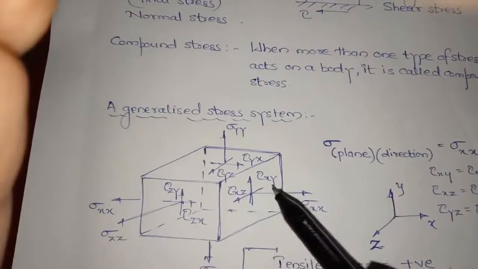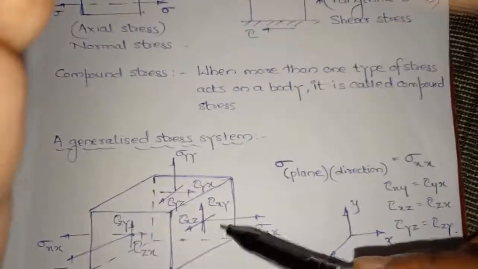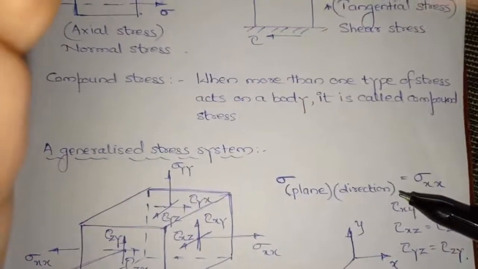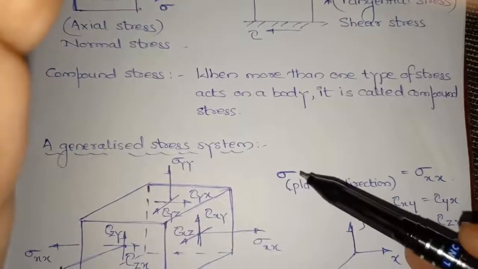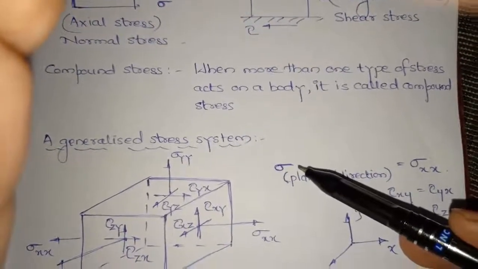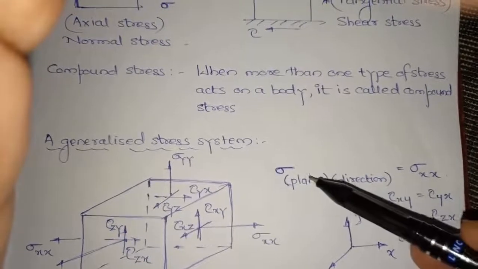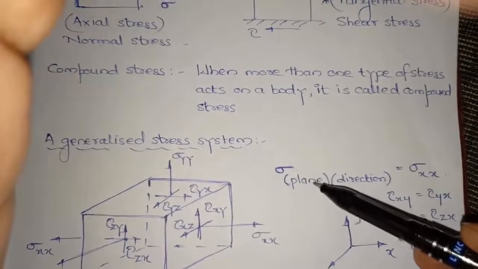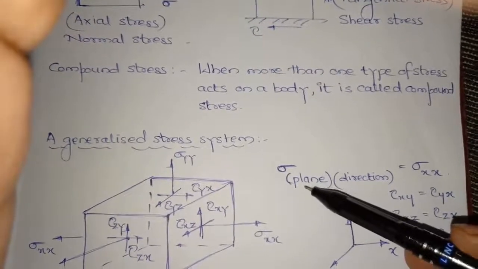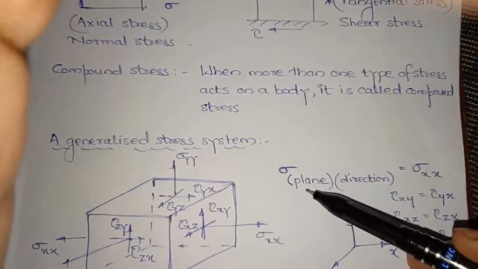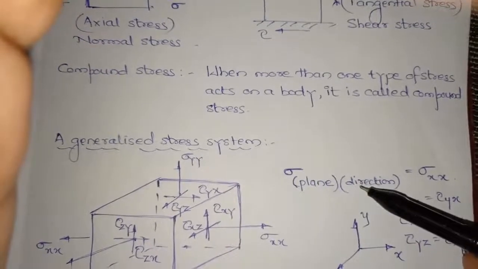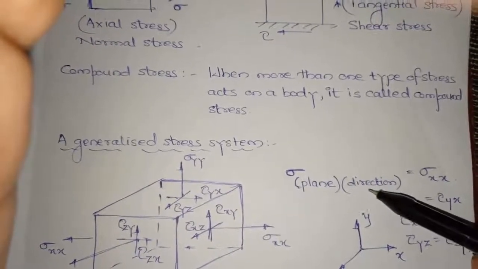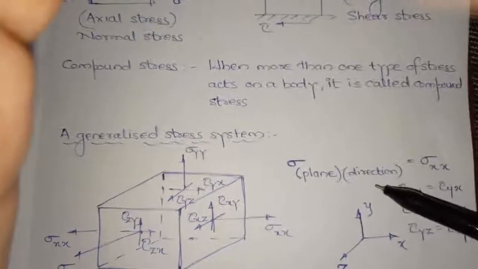So the stresses are named in this fashion. This is normal stress. Sigma is used to indicate normal stress. The first subscript indicates the plane on which the stress acts, and the second subscript indicates the direction in which the stress acts.